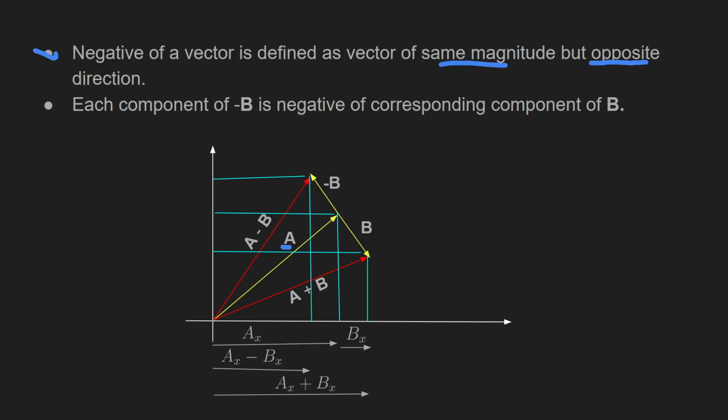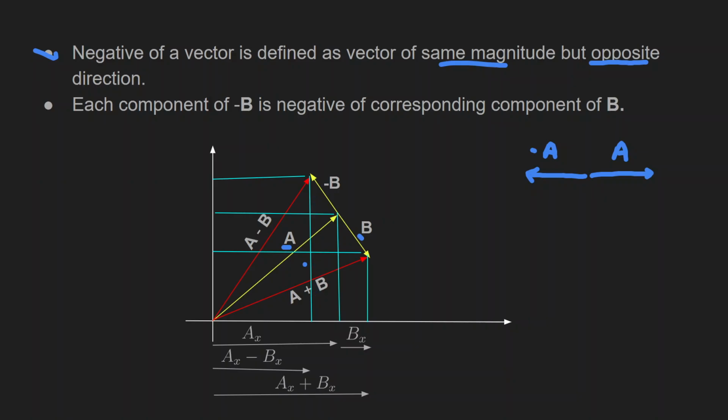This is vector A, this is vector B. Now see the negative of vector B: it has the same magnitude but it is opposite to this B vector. So for instance, if this is my vector A, then the negative of vector A will be the same magnitude but in the opposite direction. So I will call it minus A.